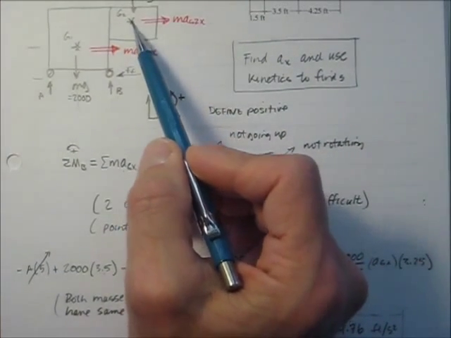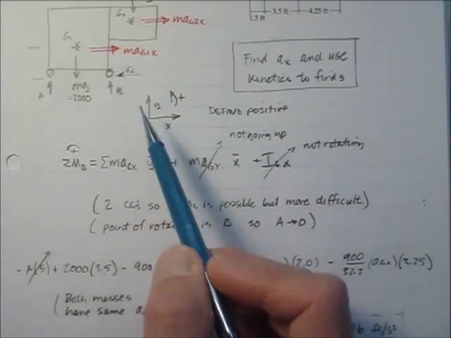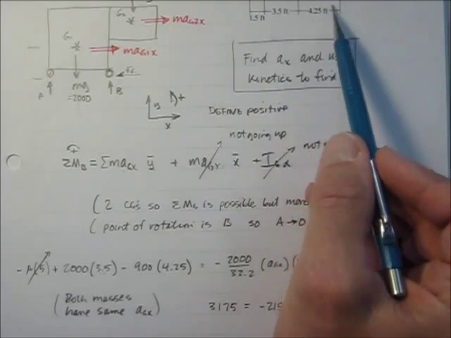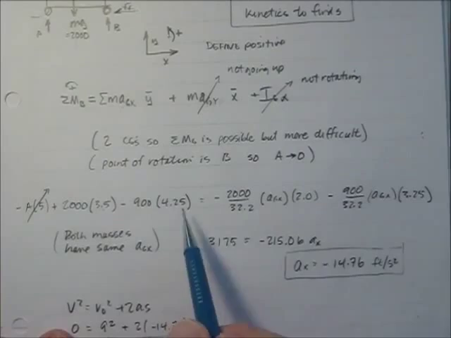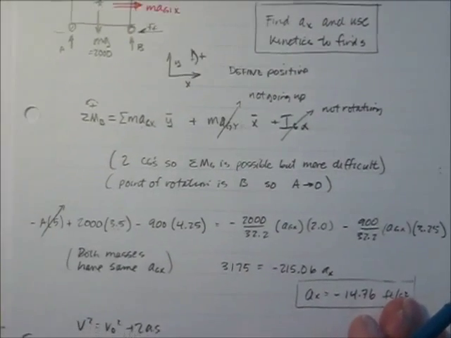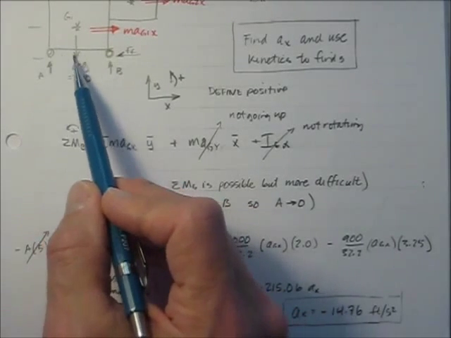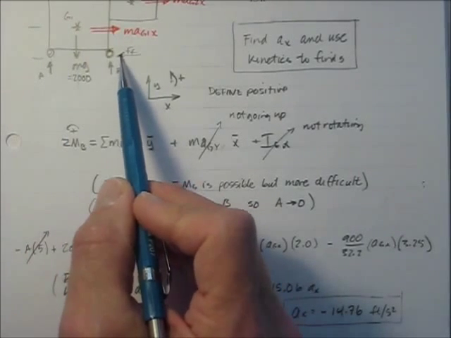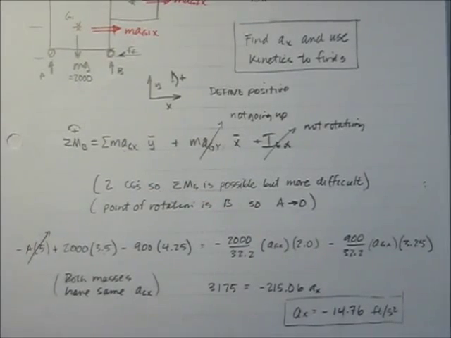The 900, this is this mg, is going in the clockwise direction around point B, and it's got a lever arm of 4.25 from our picture. So I'm going to say that's 900 times 4.25. Those are the only two forces that have moments about point B, because the only other force would be the force of friction, but that acts through B, and the normal force at A, but that goes to 0.